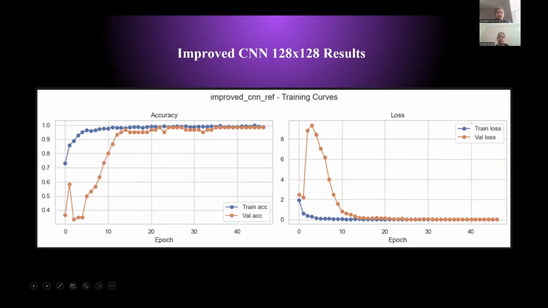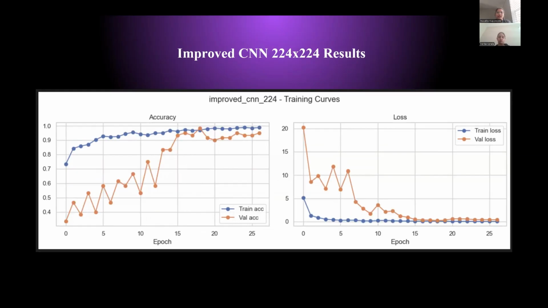The improved CNN model achieved performance very comparable to the baseline, and the 128 by 128 improved CNN model's accuracies exactly match the baseline results. When we look at the curves in both versions, the model is very converging and stabilized. Even though we run for long epochs, the model is generalizing well.